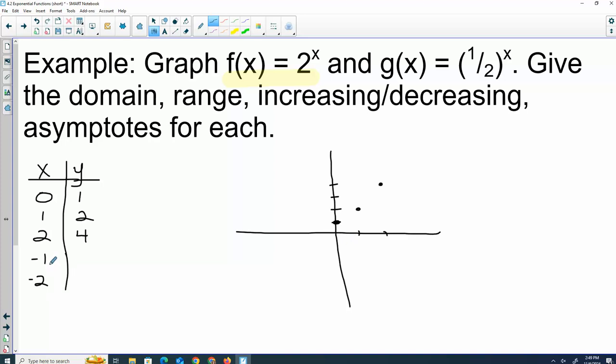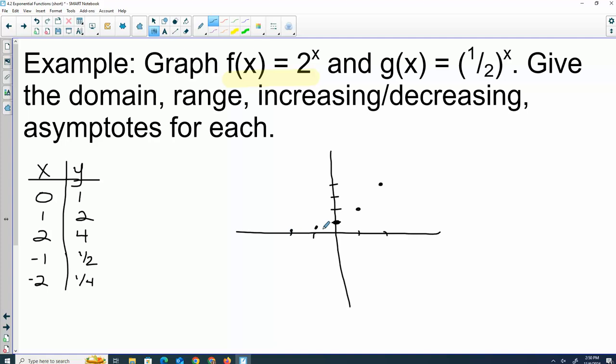If I put in a negative 1, what does a negative exponent do? Puts it on the bottom, so it makes it 1 over 2 to the first, so 1/2. If I put in a negative 2, that makes it 1 over 2 squared, so 1 over 4.